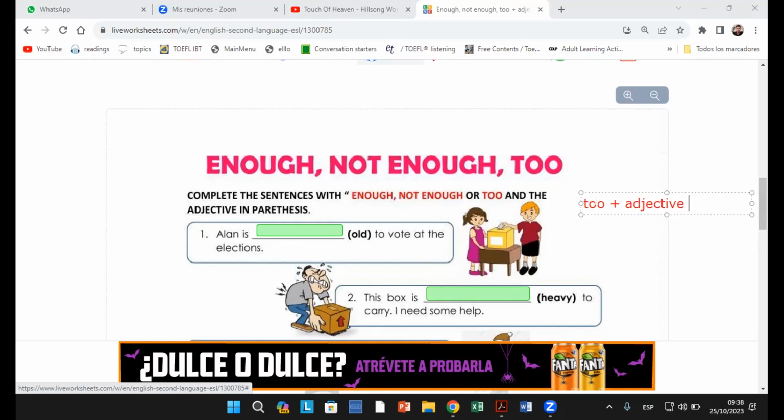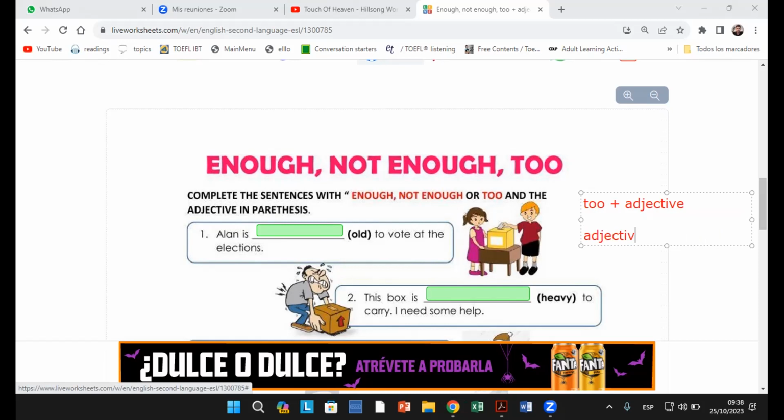Okay, listen. Too plus adjective. And the other one is not enough. Here it is an adjective plus enough.